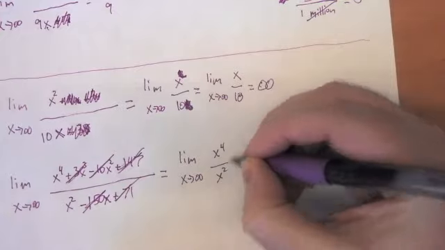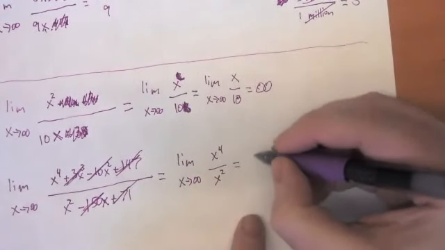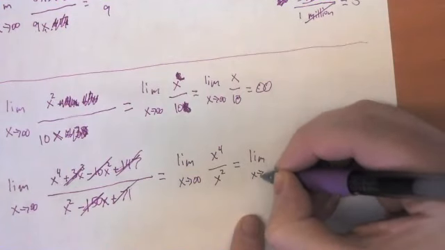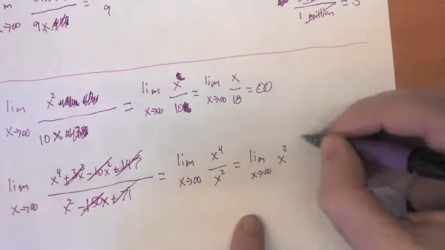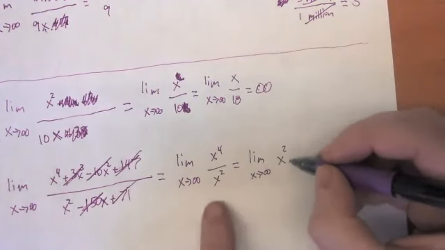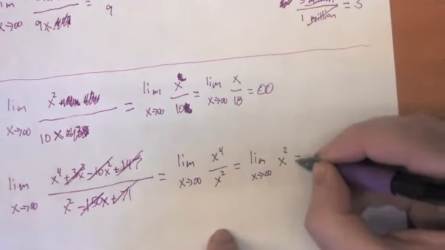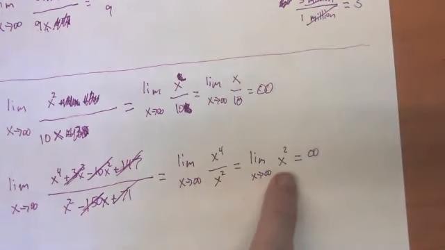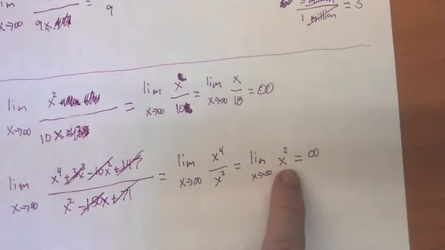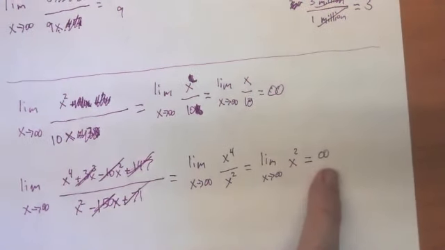So that's going to be the limit as x approaches infinity of x to the 4th power over x squared. And we can simplify that by dividing both the numerator and the denominator by x squared. That leaves us x squared in the numerator and nothing in the denominator. And that's obviously infinity. As x gets larger and larger, x squared is definitely getting larger and larger too. So that approaches infinity.